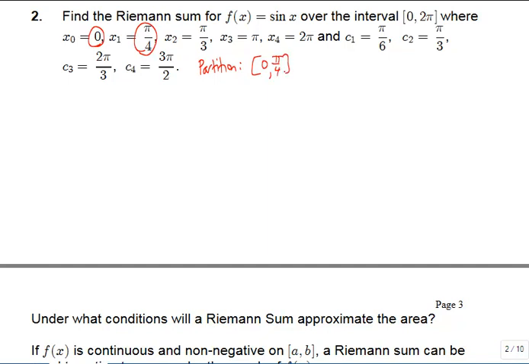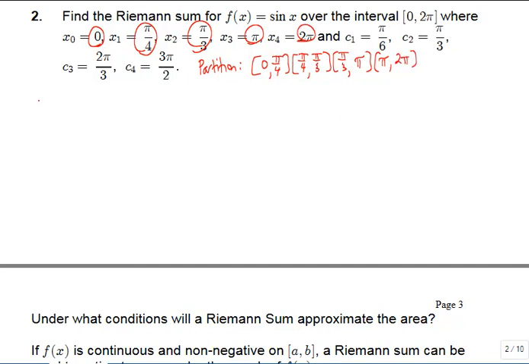So there's your first subinterval. Then we pick up at pi over 4 and go to pi over 3. Then we pick up at pi over 3 and go to pi. And then we pick up at pi and go to 2 pi.